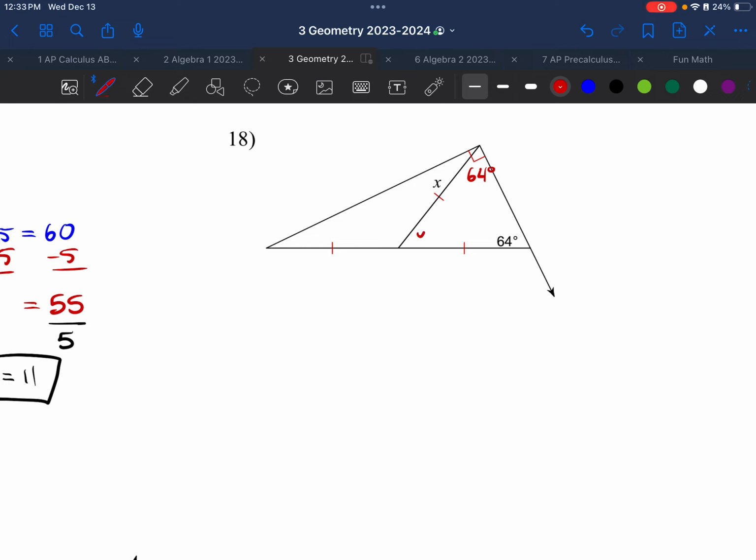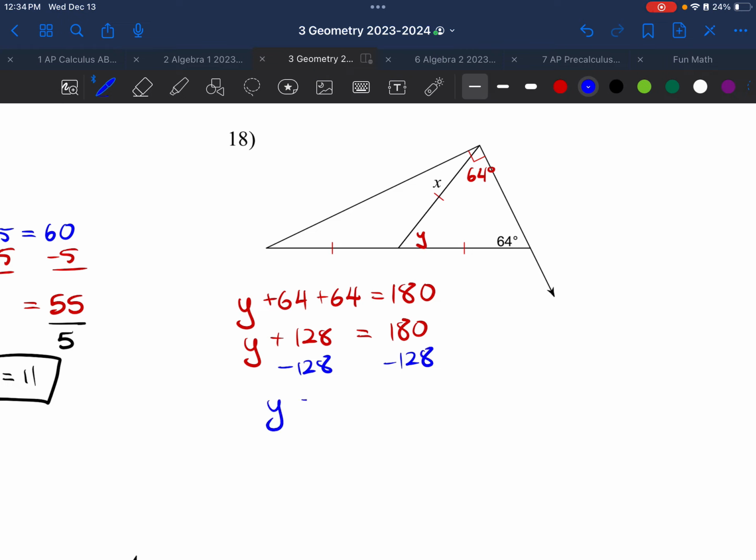I will temporarily call that angle y. Angle y plus 64 plus 64 is 180 degrees. Therefore, y plus 128 is equal to 180. I subtract 128, and y is now equal to 52.